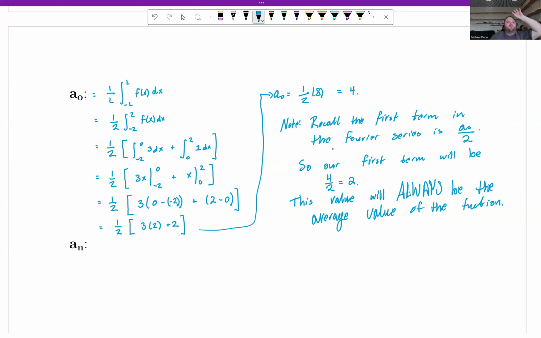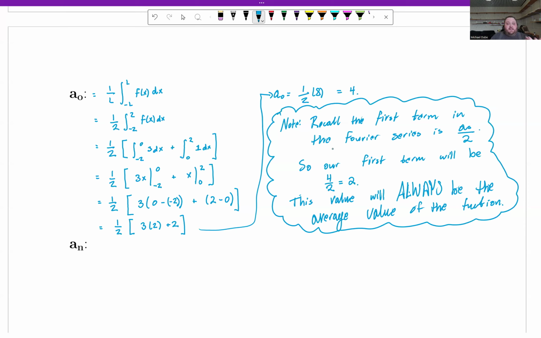Okay, so whatever value is our first term in our Fourier series, in this case it's 2, so I'm not talking about a naught, I'm talking about a naught by 2. That will always be the average height of our function, right? And we see that being the case. Let's look up here. So I'm telling you the average value of this function will be 2.